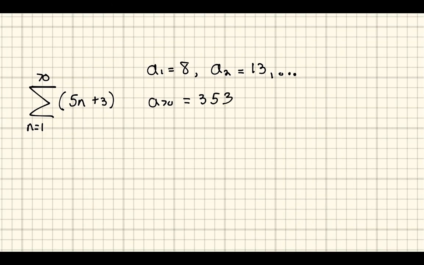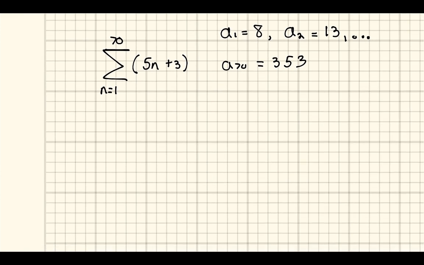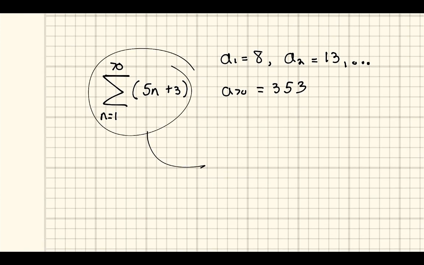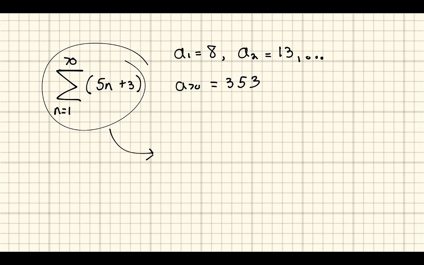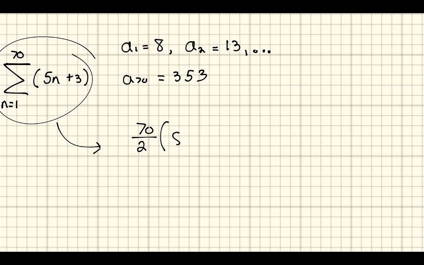From here, we can just go ahead and use that formula to solve again. This whole thing is going to equal n over 2. N is 70, my upper limit, times my first term plus my last term, which is 8 plus 353.